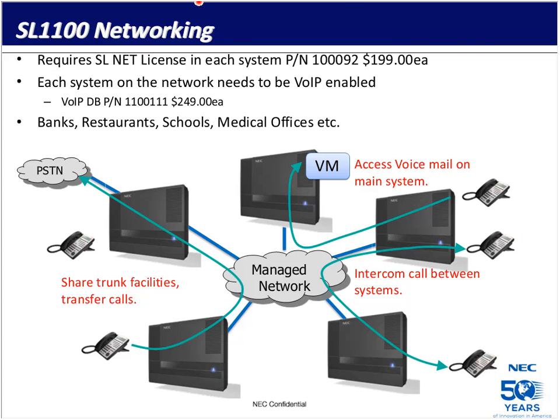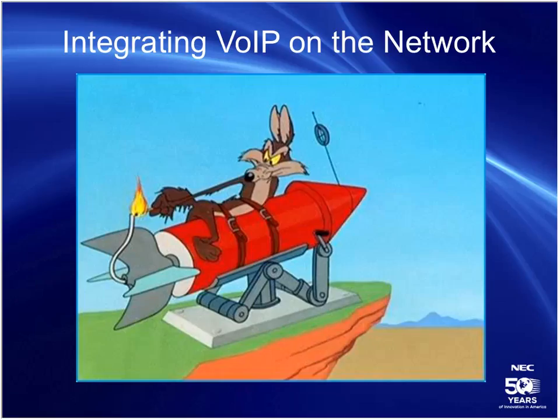As you can see, from a component standpoint, integrating voice over IP is not that difficult when talking about the NEC SL1100 system. What becomes very important is paying attention to integrating voice over IP in the network and the requirements of the network.